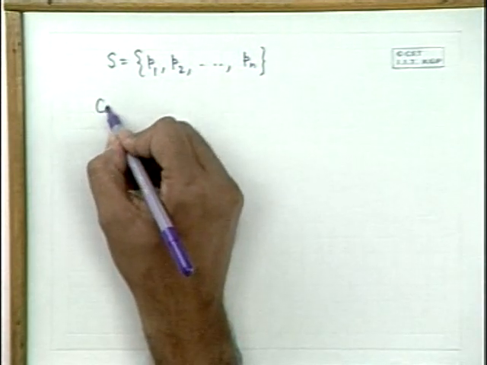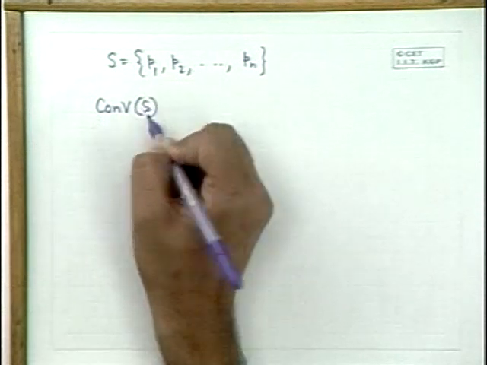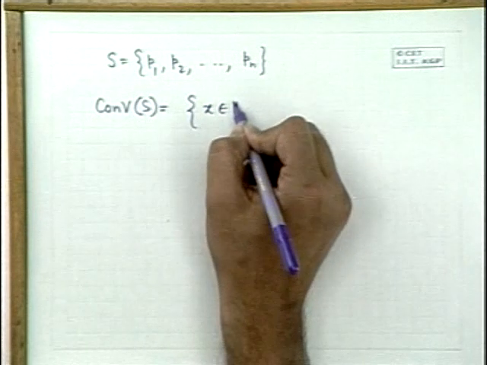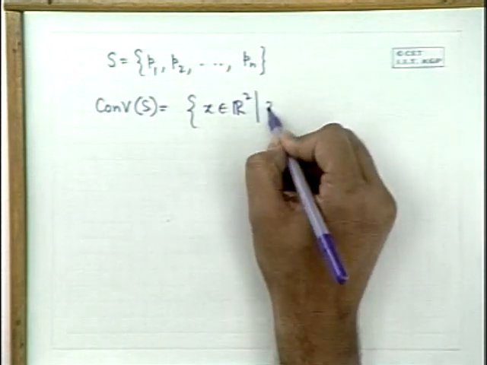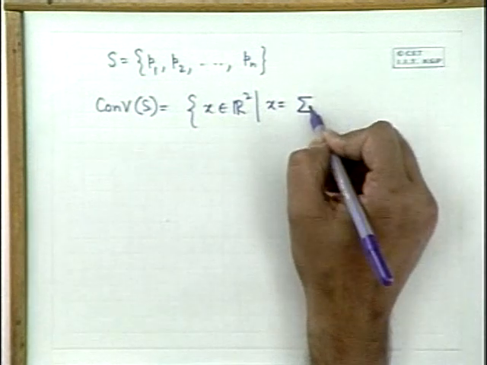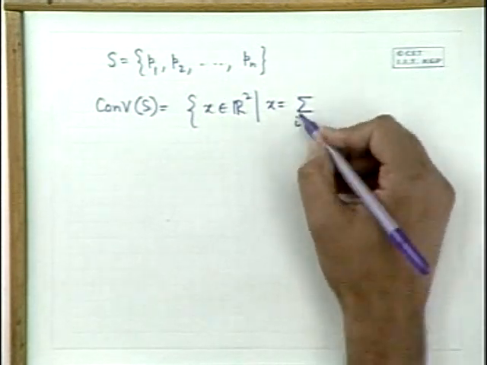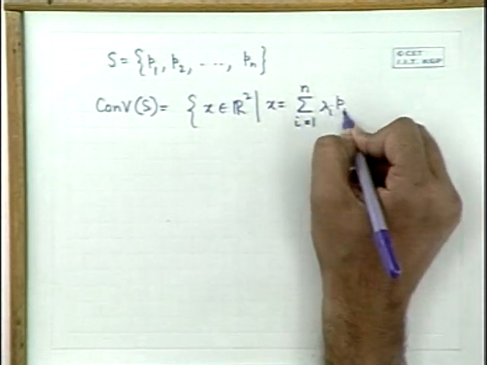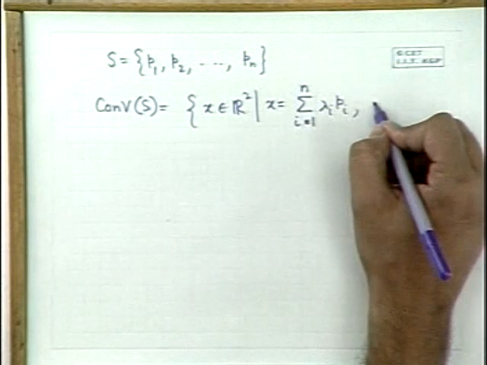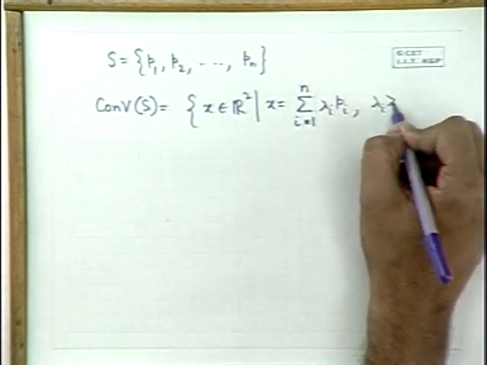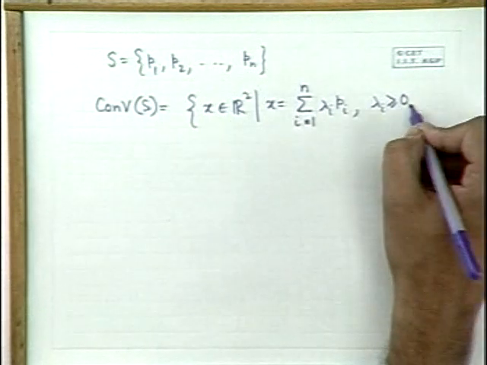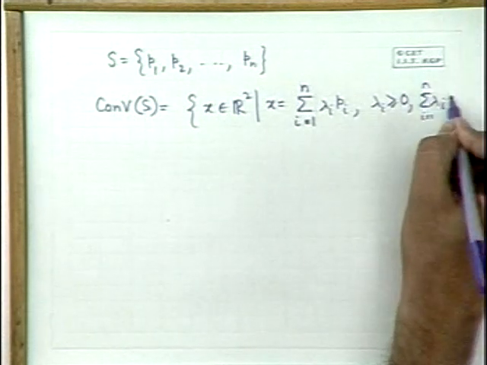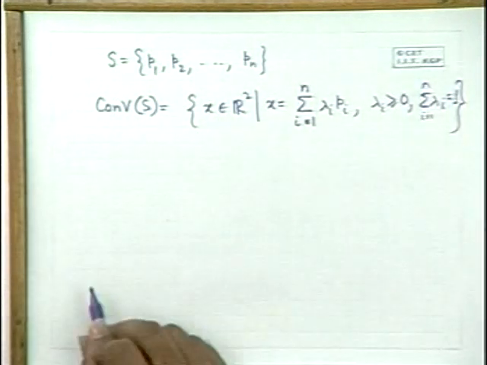Then the convex combination, which is the same as conv S, the convex hull, is nothing but all the points X such that X is equal to the summation, I equal to 1 to n, of lambda I Pi, where all lambda I are greater than or equal to 0 and the sum of lambda I from 1 to n is exactly equal to 1. This is called the convex combination.